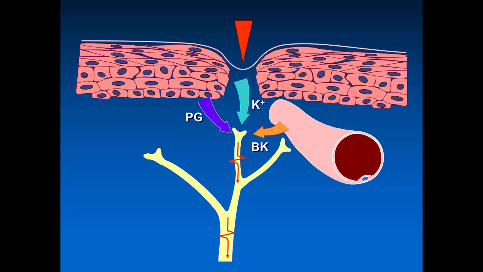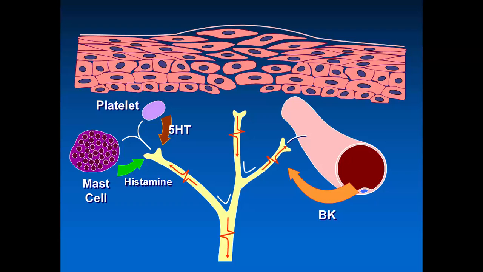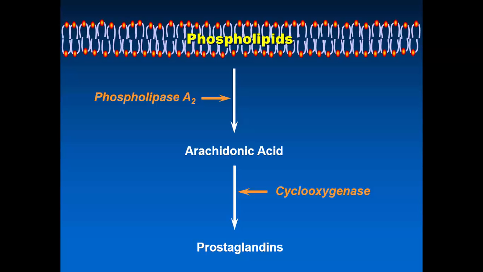This causes a reaction of the vessels, bradykinins and prostaglandins are developed, and eventually there's almost a chemical soup that develops in the periphery that sets up the next step in the pain process. Platelets release serotonin, mast cells release histamine, the vascular endothelium releases bradykinins, and the like.